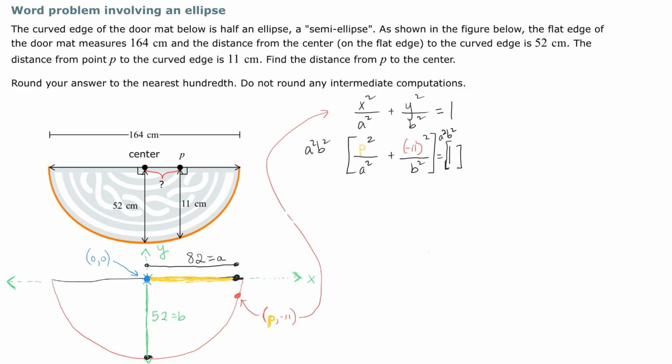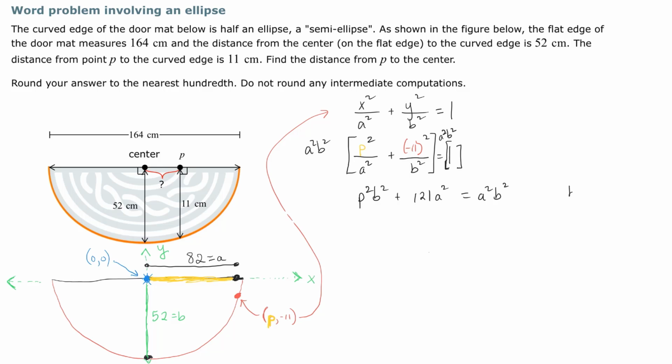So 1 there. What do we have? We have p squared over b squared. Oh, sorry. Take that back. A squares reduce, and we have p squared times b squared plus 121a squared is equal to a squared times b squared.